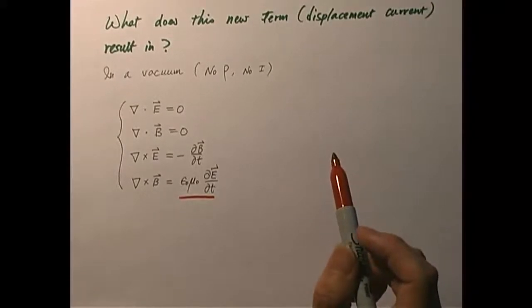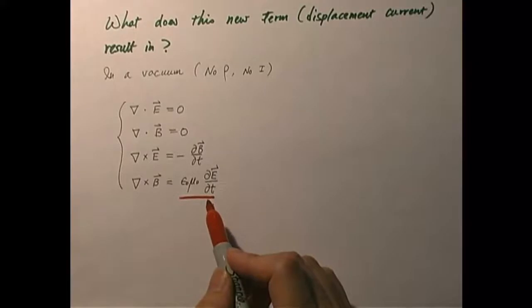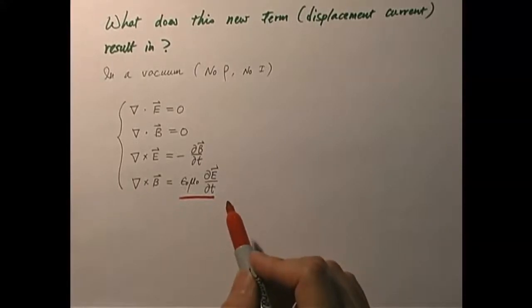So without Maxwell's new discovery, the only type of electromagnetic field that can possibly exist in a vacuum would be simply a uniform constant field. A uniform constant field cannot possibly propagate energy.